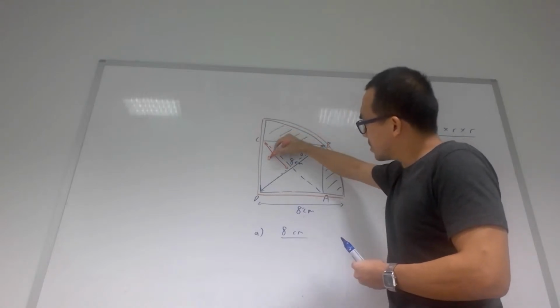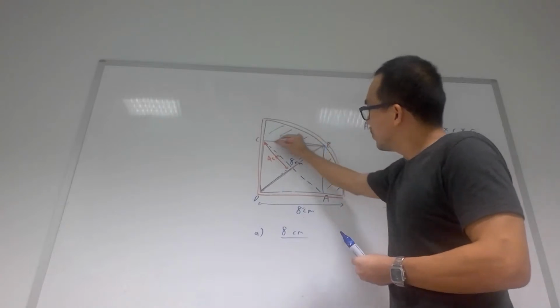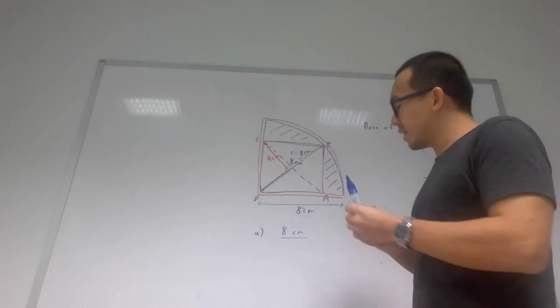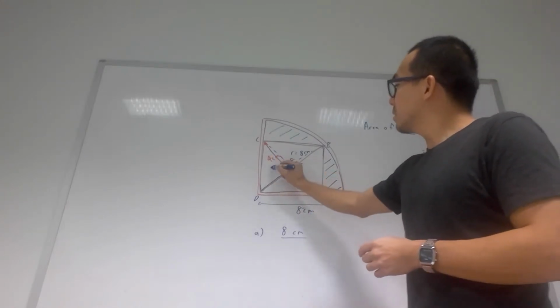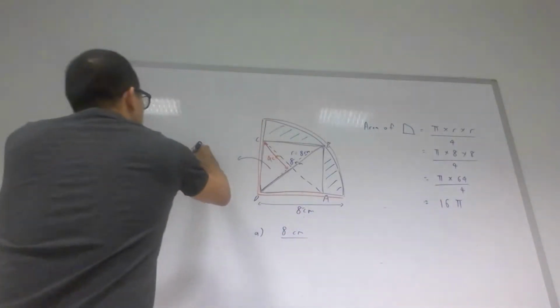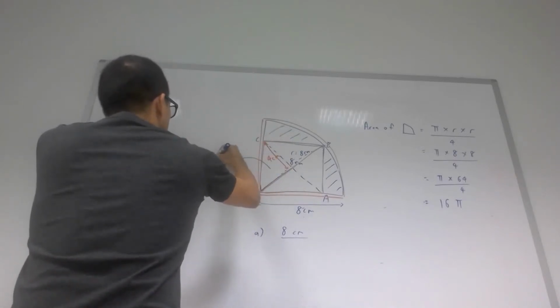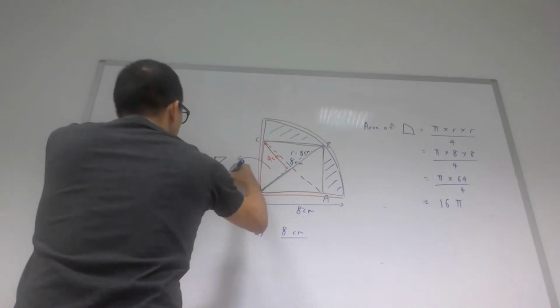And doesn't this look like a triangle to you? Two identical triangles. You see? So if I want to find the area of two identical triangles, very simple. Area of this triangle, let me draw it like that, equals half times base times height.